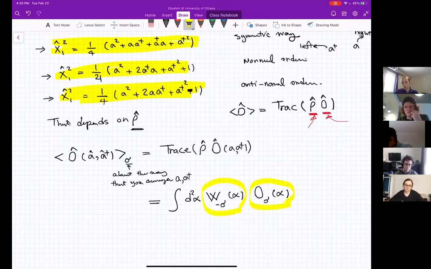Any way that you arrange the operators, being ordered, anti-ordered, or symmetric, you have to use the opposite one on the probability distribution. And that guarantees you get the same result? Yes, indeed.